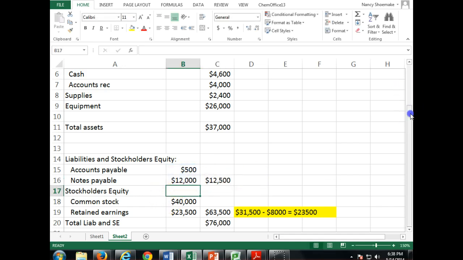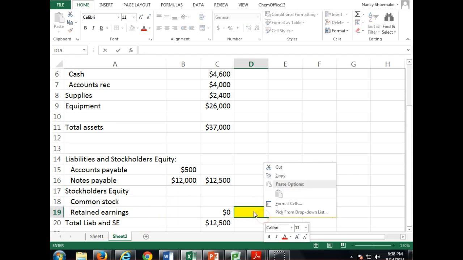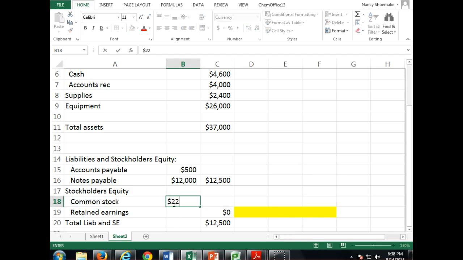And then in our stockholders' equity section, how much is our common stock? 22,100. And what was our retained earnings from our retained earnings statement? 2,400. So our stockholders' equity includes our common stock plus our retained earnings. Do you see how our total liabilities and stockholders' equity are 37,000 and it matches our assets of 37,000?